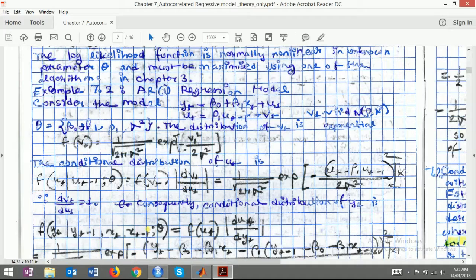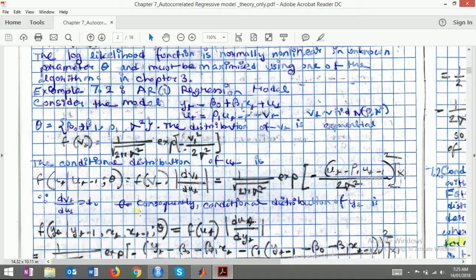Going through using the change of variable technique, we are going to initiate that f of vt is equal to f of ut times dvt by dut, when we are expressing vt in terms of ut, which is simply 1 by root over twice pi sigma square, exponential of, instead of vt we put ut minus rho 1 ut minus 1, this portion square, divided by 2 sigma square.